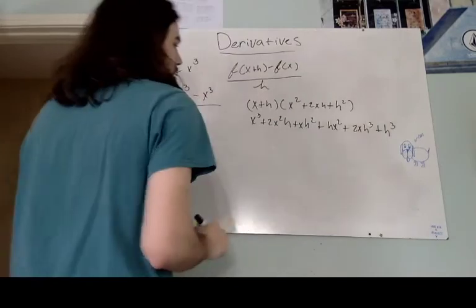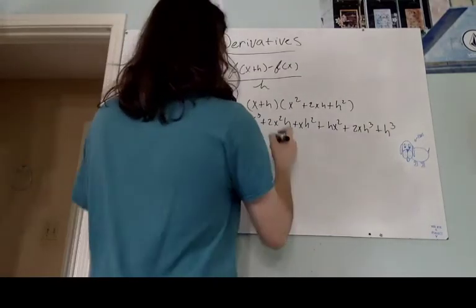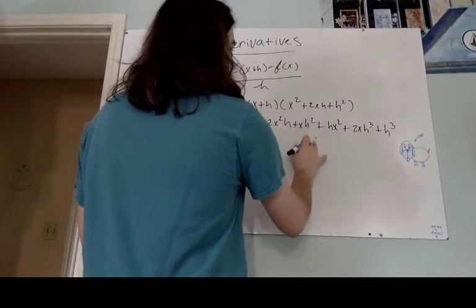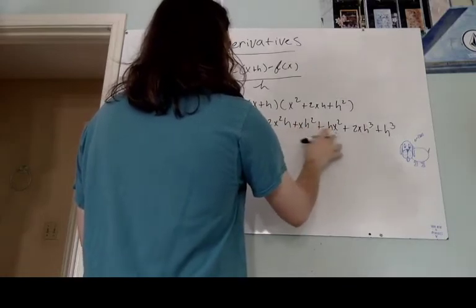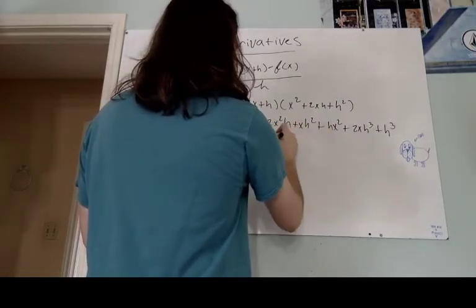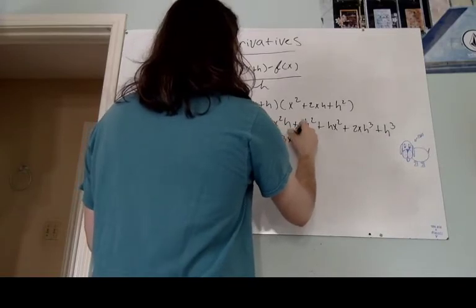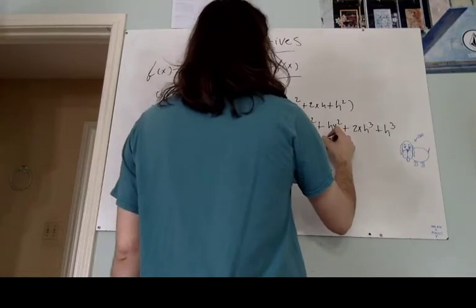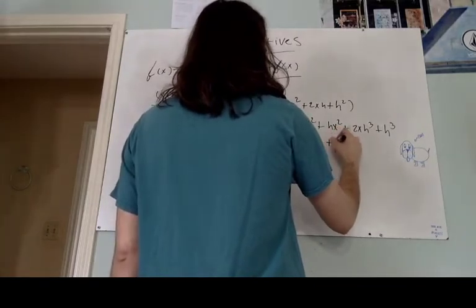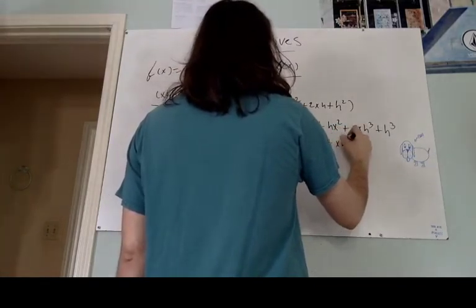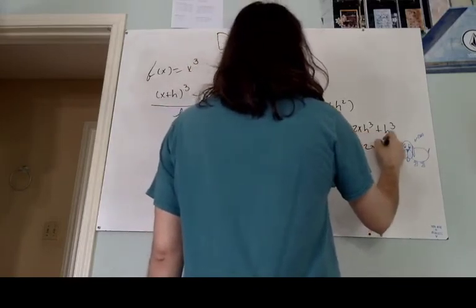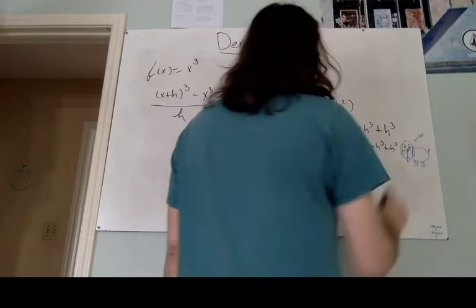So we need to combine like terms. So I have just 1 x cubed, and x squared h. So I have 3x squared h plus 3xh squared plus h cubed.